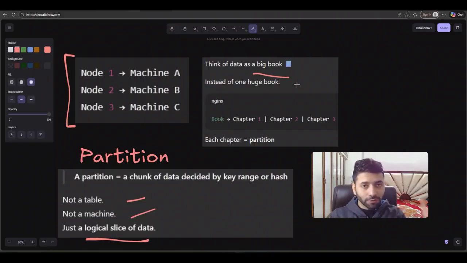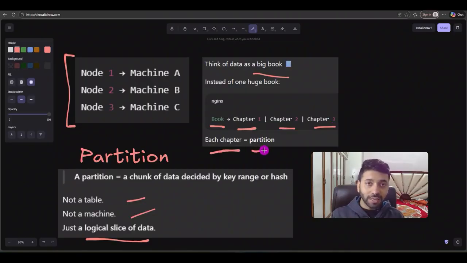You are doing partitioning of the book, and it makes things easier for you. One chunk or logical slice of data, you can take as one chapter, okay? So instead of one complete huge book, you see it as chapter 1, chapter 2, chapter 3, and much more. Each chapter in this real life example represents a partition.